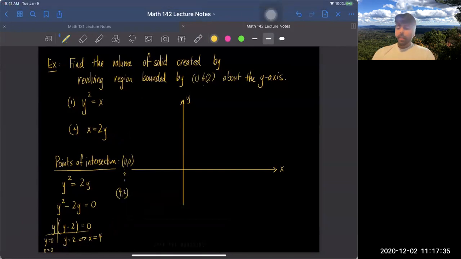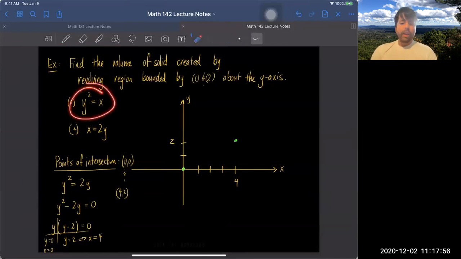Okay. So 0, 0 is one of the points, and then 1, 2, 3, 4, and 1, 2. That's going to be my other point of intersection. So I established the points of intersection. Now I want to give just a sketch. What is y squared equals x?